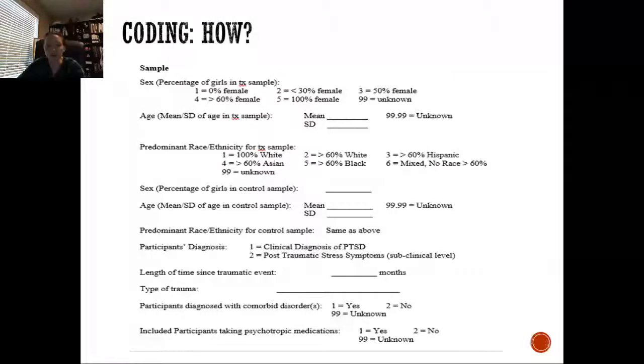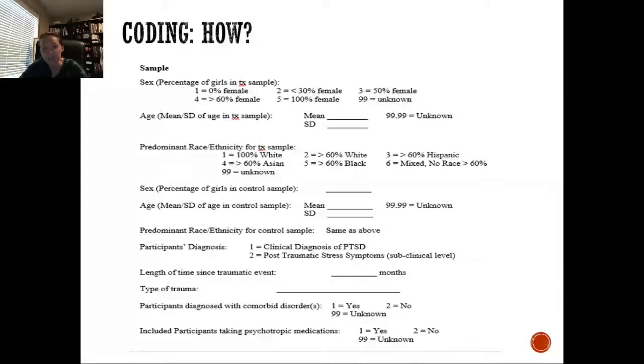So let's look at what this coding sheet would look like. Now, this is an abbreviated version, but this is essentially sort of the makeup of a coding sheet. So one of the things you're going to code in the sample descriptors is sex. And you'll notice that at the top, we've got a categorical coding, and then in the middle of the coding sheet, we've got another example where you can write in the number.